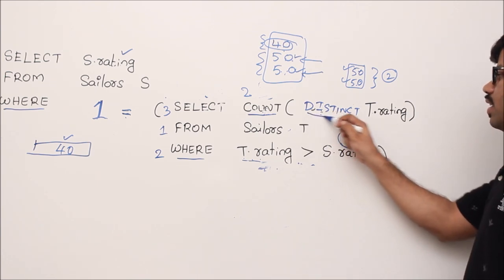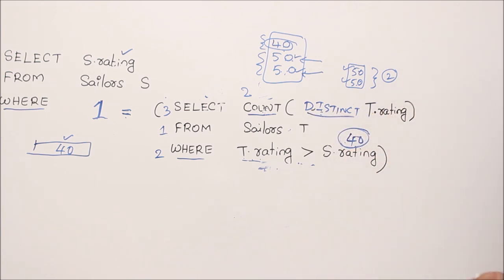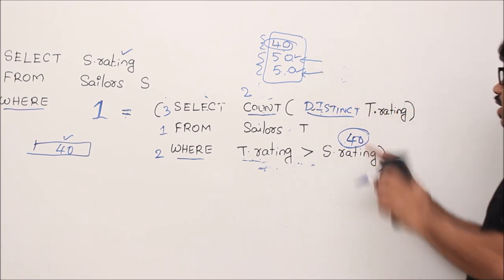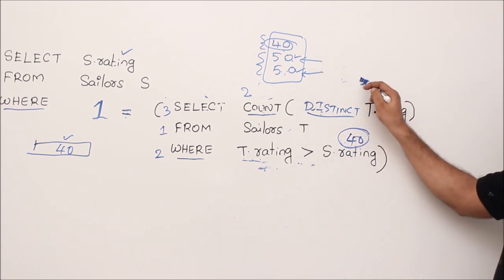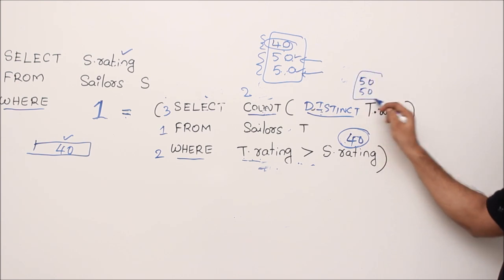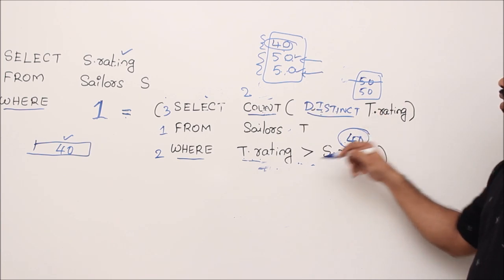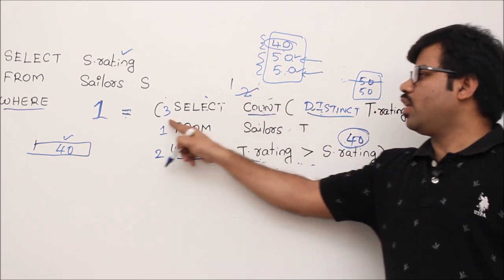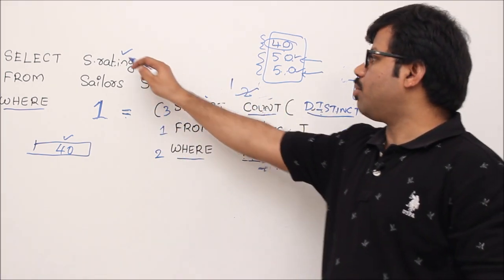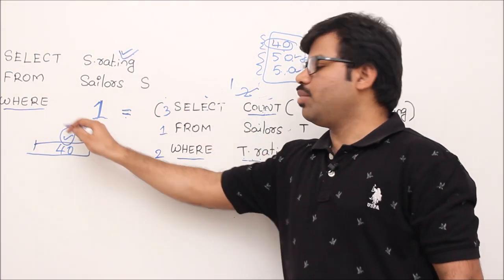That's why if you write distinct, that will eliminate the duplicates. Distinct T.rating, there are two tuples in the result. Distinct, if I apply, one will be gone. Then if I apply count, that will become 1. Then 1 equal to 1, yes. Then we are printing S.rating, so 40 will be printed.